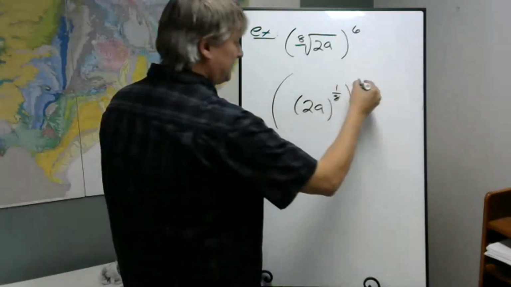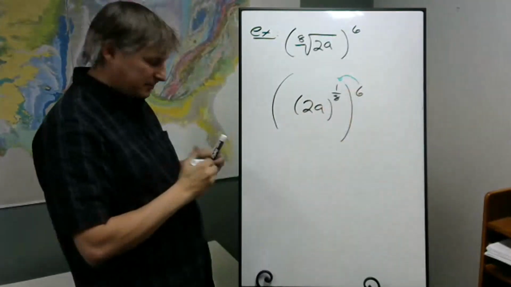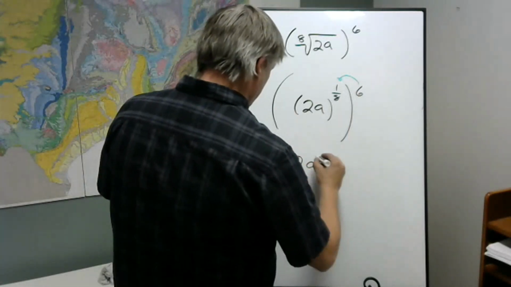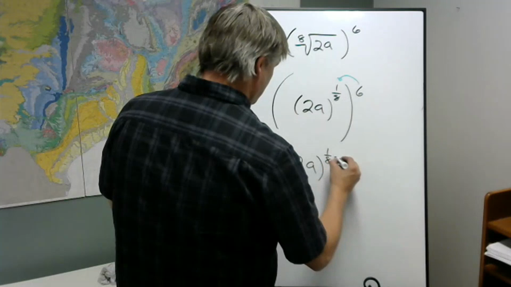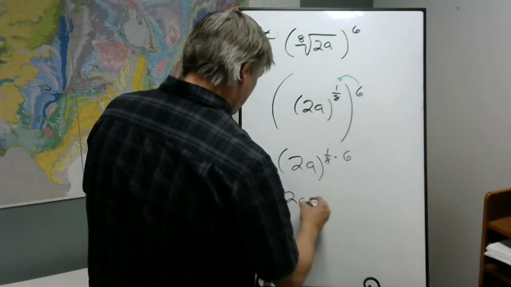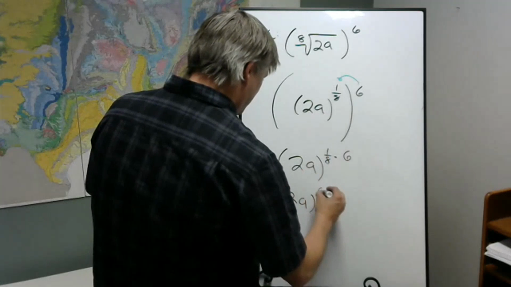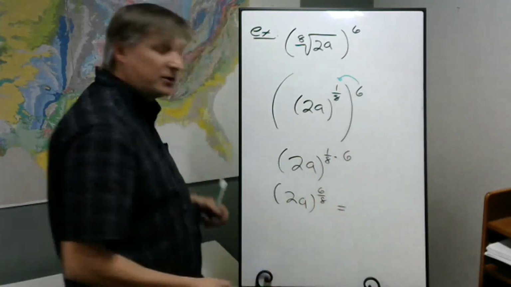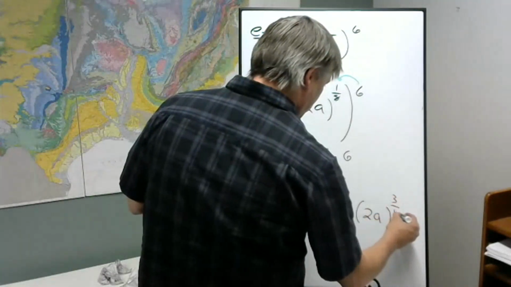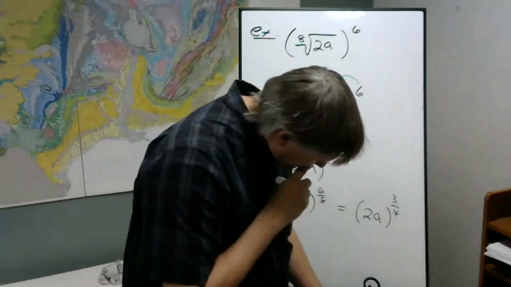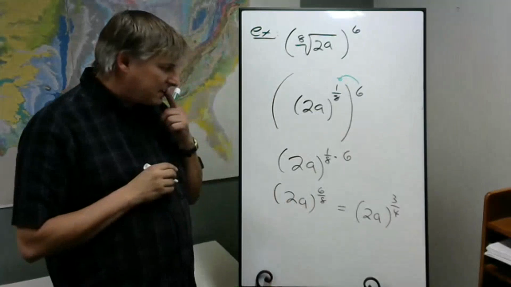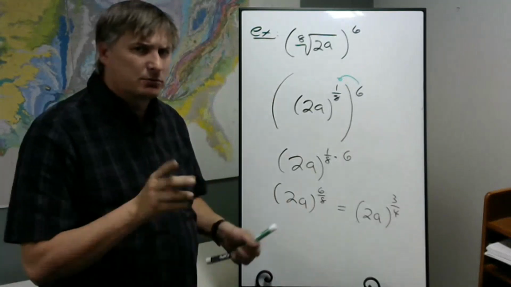We'll distribute the 6 as an exponent. So we'll get 2a to the 6/8. We can reduce that to 2a to the 3/4. Let me see what kind of answer they want for the text here. So they want this one. They do want you to write this one in terms of a root.